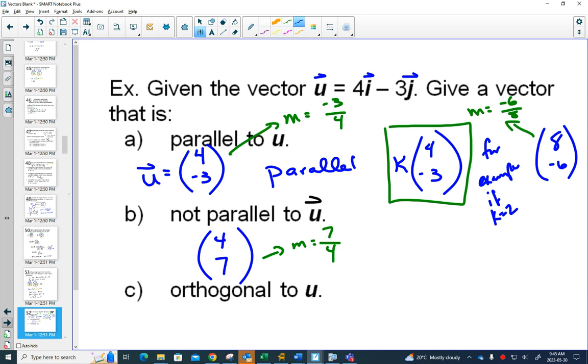As soon as I change just one of the numbers, right? Like, if you like to live on the edge, pick two random big numbers. Chances are very slim that they reduce perfectly to be the 4 and the 3. Right? But you're playing a little bit. If you're just doing a random, there is a chance that you could, very, very small chance, but possible that you could screw up and pick something that's parallel. But this is very easy.